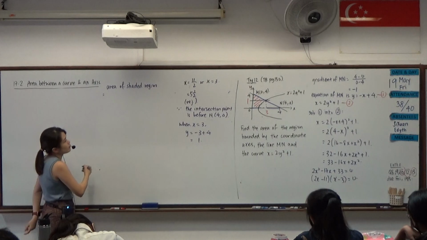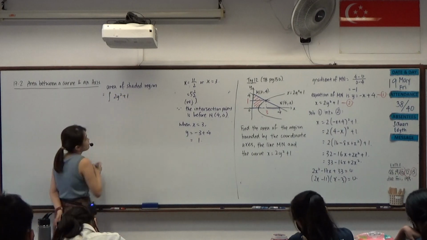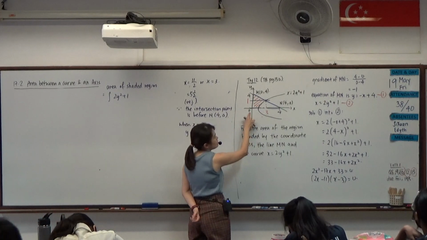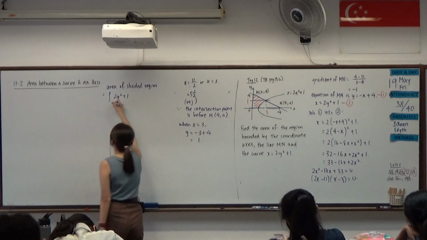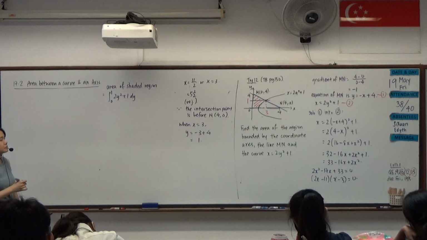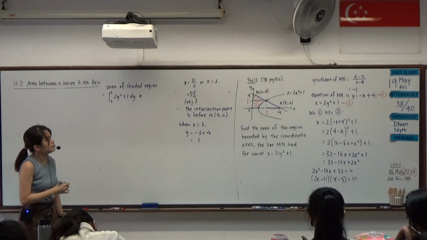So we will be integrating our function 2y squared plus 1. Finding this part here, we'll be integrating from 0 to 1 with respect to y. Then we add in the area of the triangle.